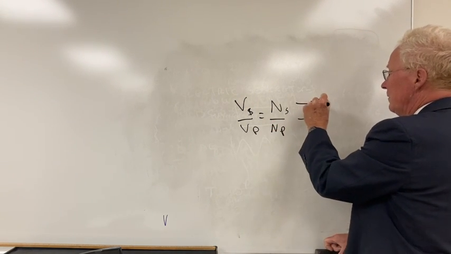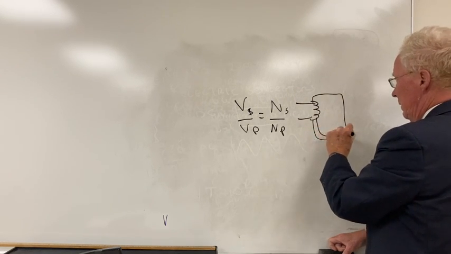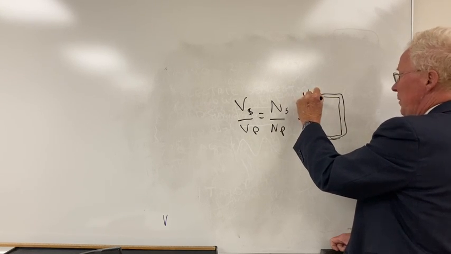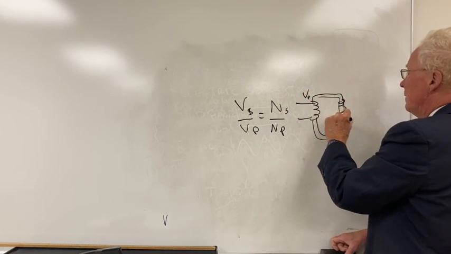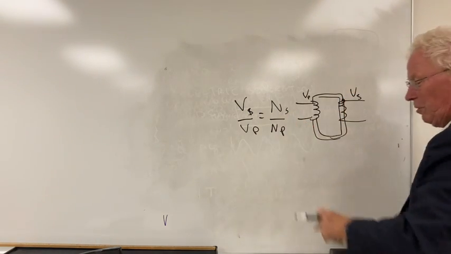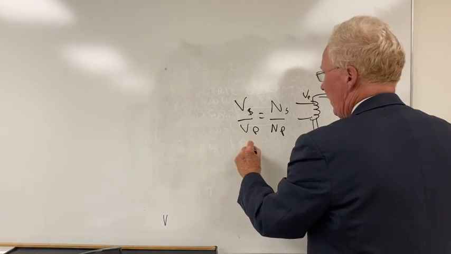So this is VS, VP, V out. The ratio of the turns is that way, but the current is the other way around.